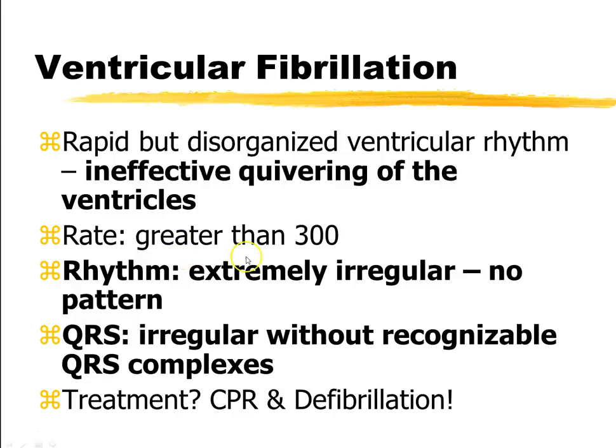If your fancy machine hooked up to the patient can determine a rate, it's going to say more than 300, but really there's no discernible R wave to say this is the rate. Most of the time, you're not going to be able to register a rate, and this does not produce a pulse. So if you see this on the monitor, your patient is not going to have a pulse if it's real.